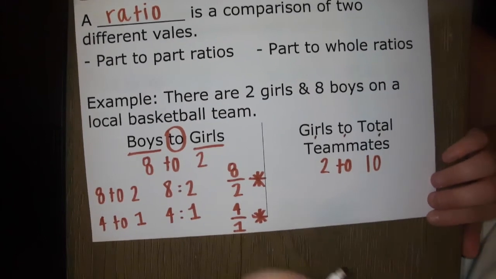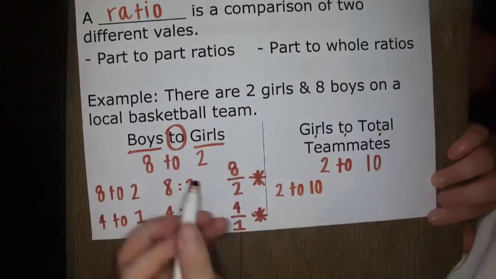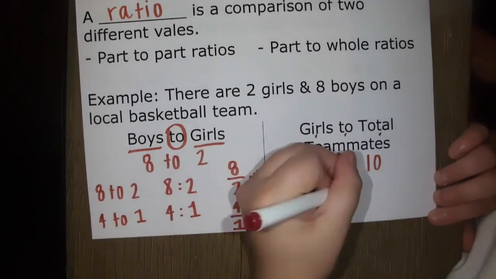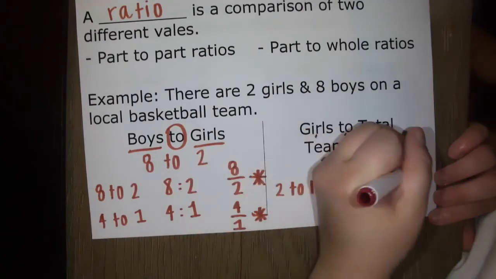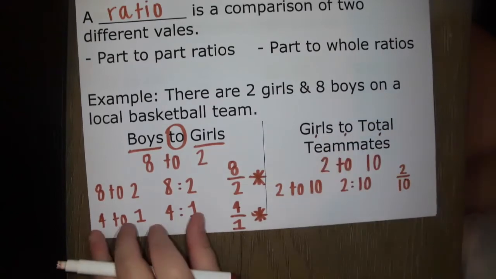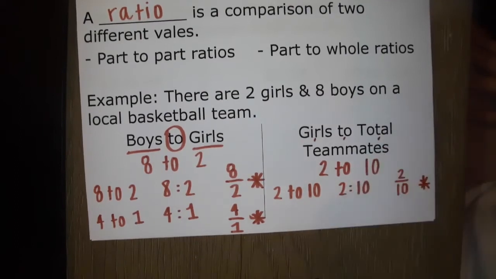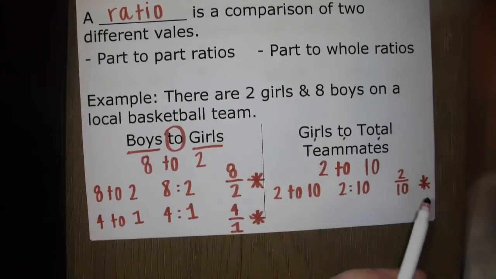Now, just like the last one, there are 3 ways to write a ratio. You can write it out verbally, you can write it out separated by a colon, and you can also write it out as a fraction, okay? Now, I always look to see if I can simplify my ratios. This is a totally valid answer, but it's always nice to simplify as well.